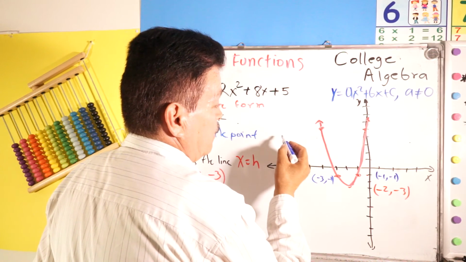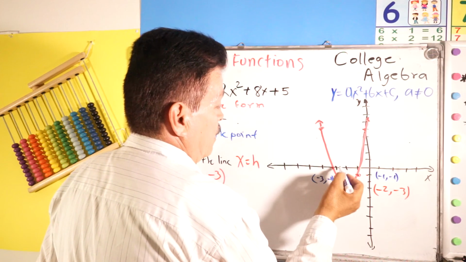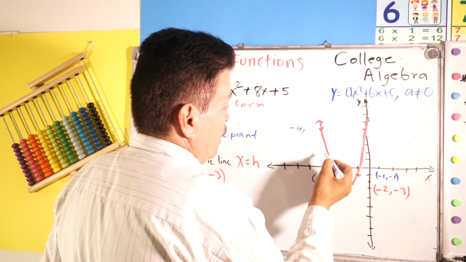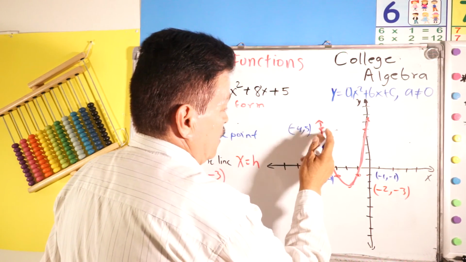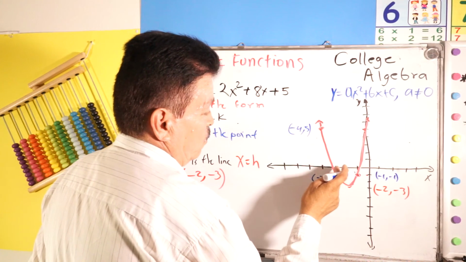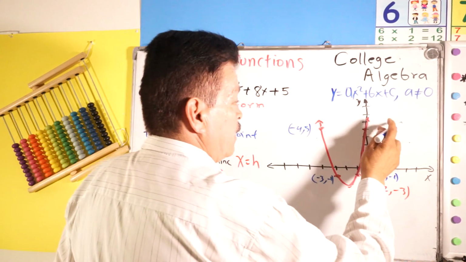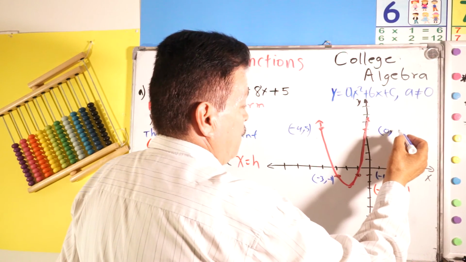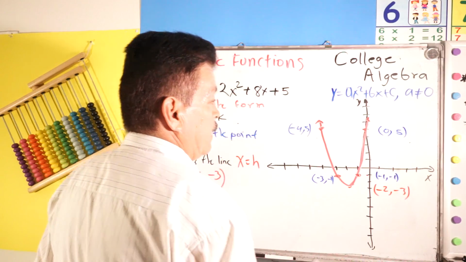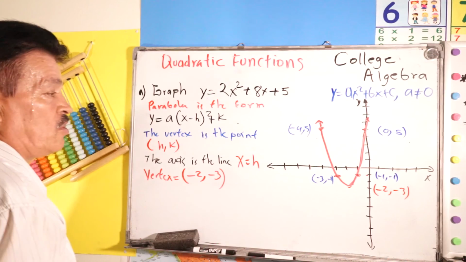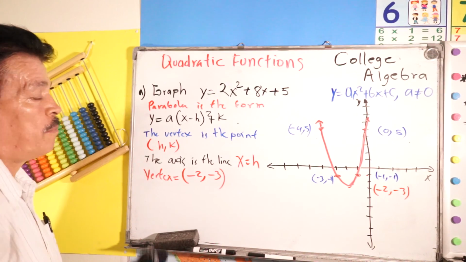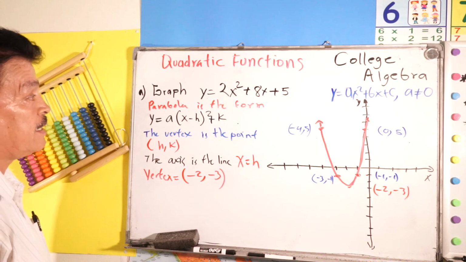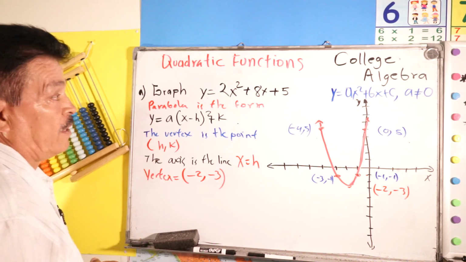This is (-4, 5). And then this one is (0, 5). You have those points over there to prove our problem here. So this is the graph of this quadratic function.